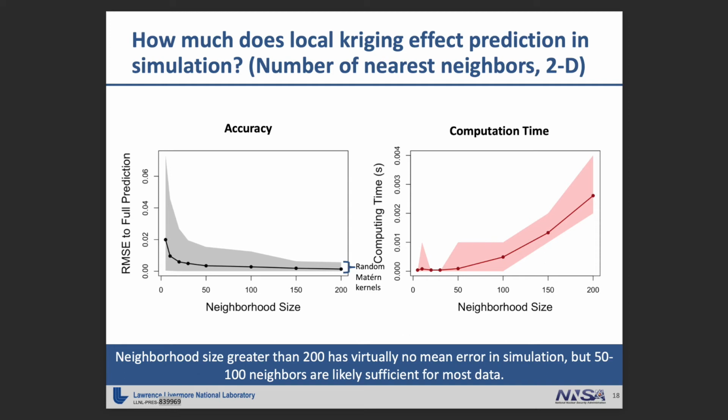Further, you can see that although we're going to scale basically quadratically in neighborhood size, because of this batching, I'll show you our timings later, but it scales nearly linearly when you hold this fixed. And so we like to think about picking the neighborhood size.